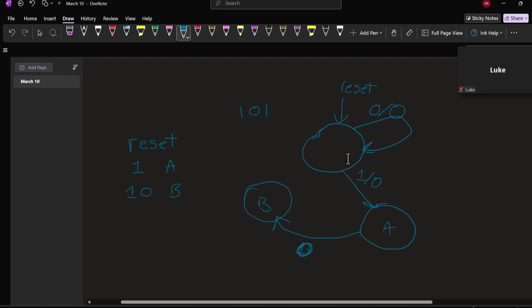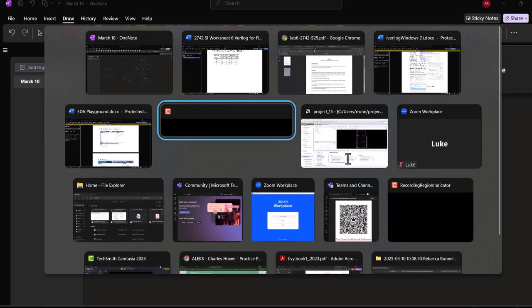So state A wouldn't be the reset state? I didn't make it that on mine. I just called it reset, because this matches the Verilog I already wrote. Let me see what I called it.